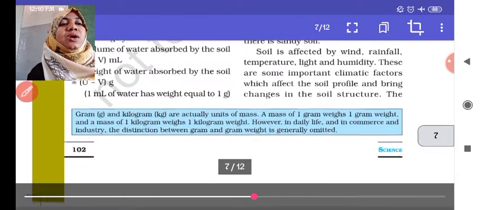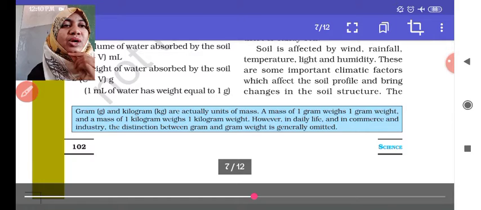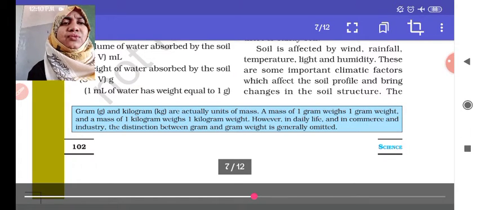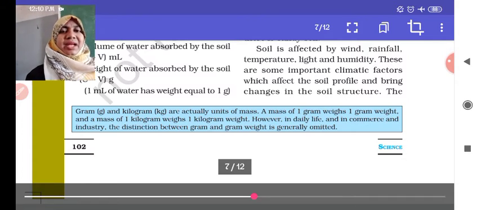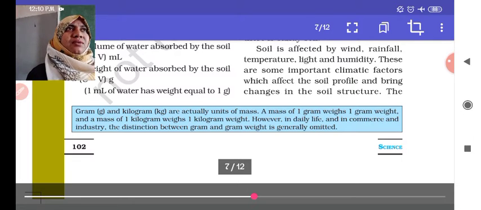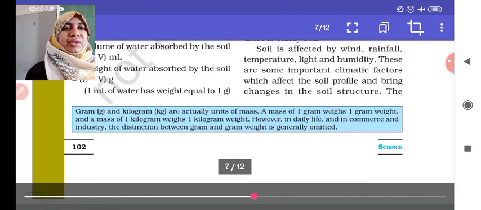Next, soil is affected by the wind, rainfall, temperature, light and humidity. How? Rainfall. Whenever there is heavy rainfall, if it is a desert area, the absorption of the water will be no doubt, but the water will not be retained for a longer time. Because of the temperature, it will turn into vapor after some time.